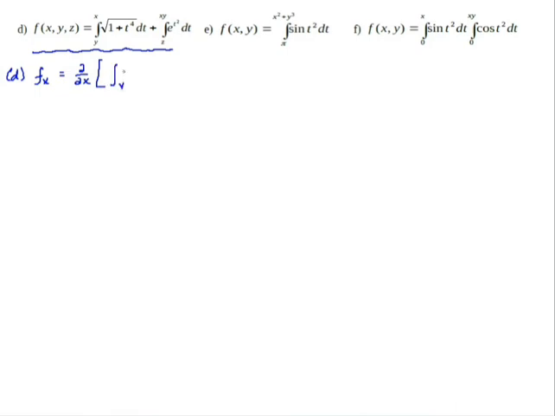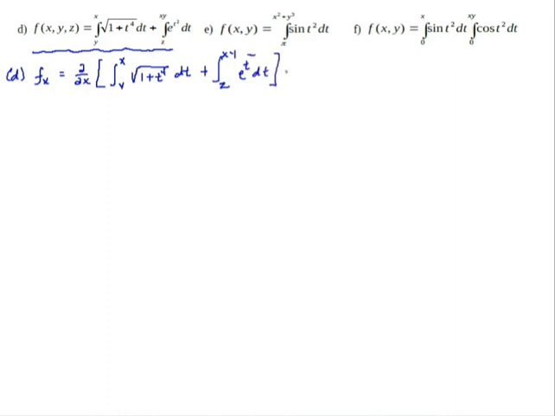from y to x radical 1 plus t to the power of 4 dt plus the integral from z to xy e to the power of t square dt.